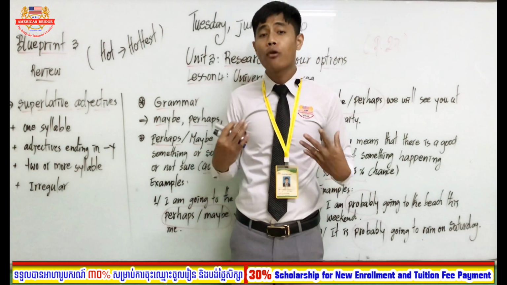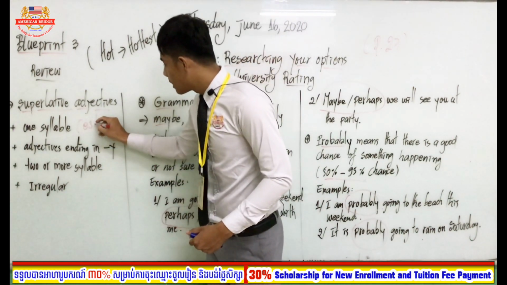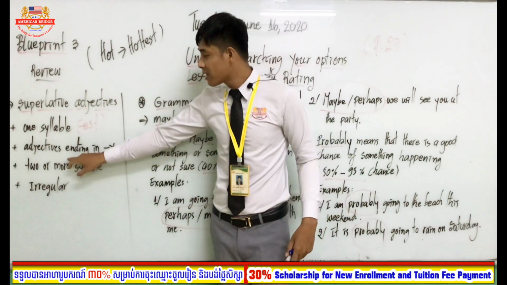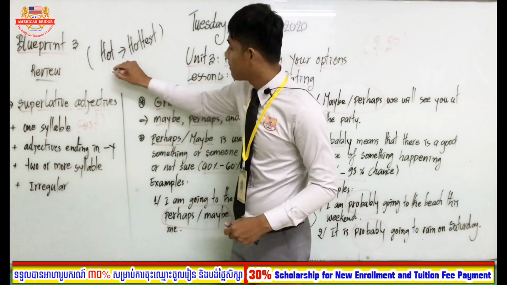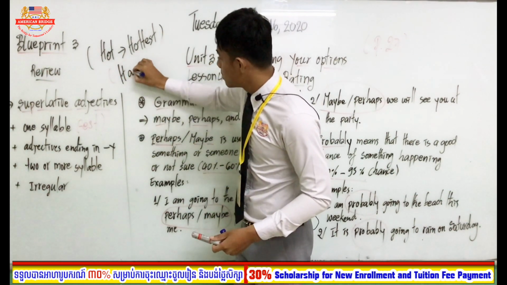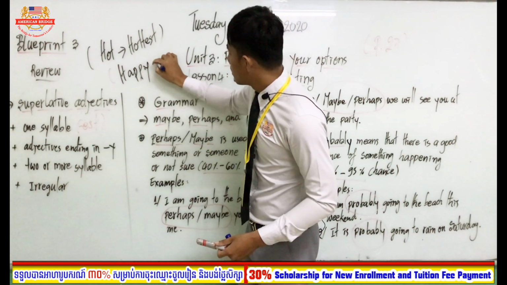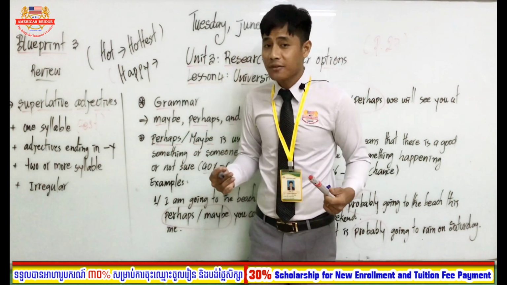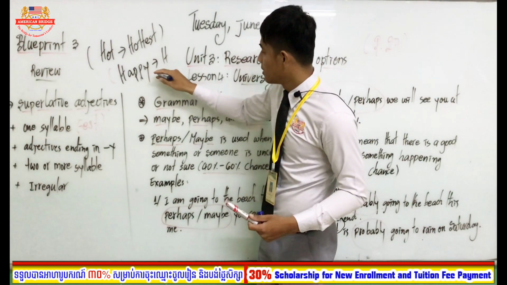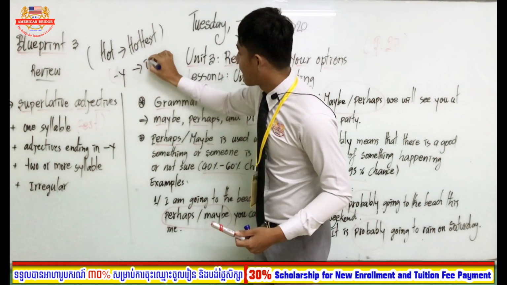For an adjective that ends with y, like happy, when we use it in the superlative, we change y to iest.